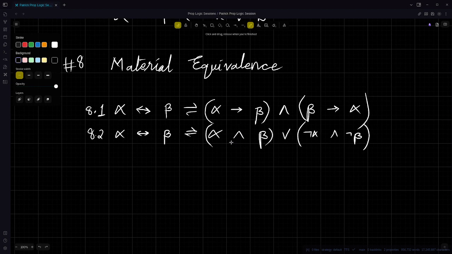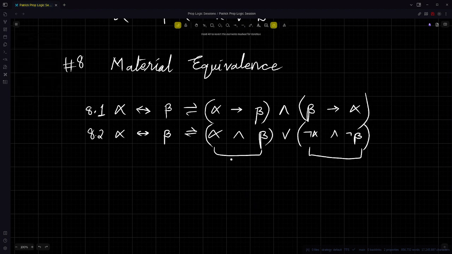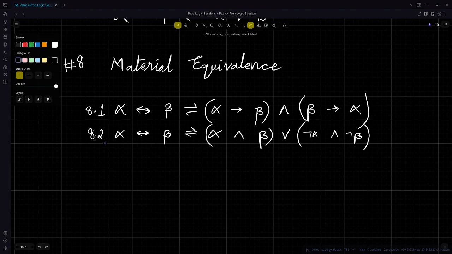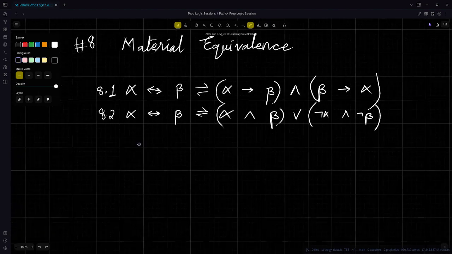So alpha and beta means alpha is true and beta is true, and not alpha and not beta means alpha is false and beta is false. That's how we get this, and the truth table will come out like that. So that's the eighth one. I hope this makes sense.